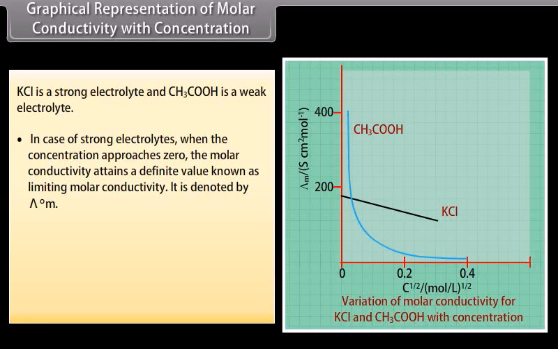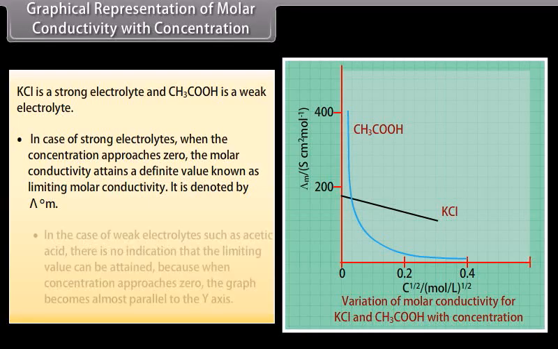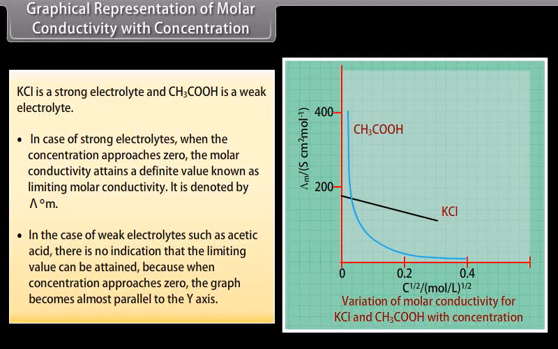It is denoted by lambda naught m. In the case of weak electrolytes, such as acetic acid, there is no indication that the limiting value can be attained, because when concentration approaches zero, the graph becomes almost parallel to the y-axis.